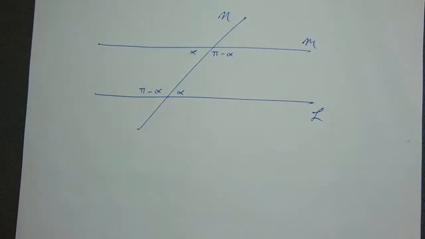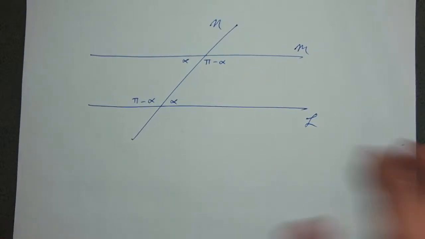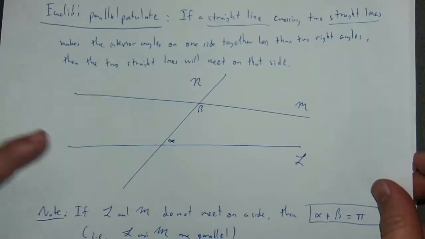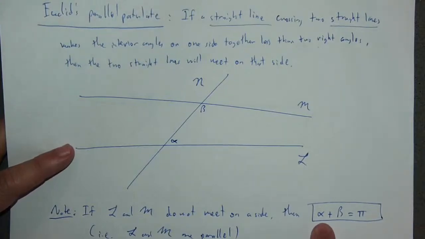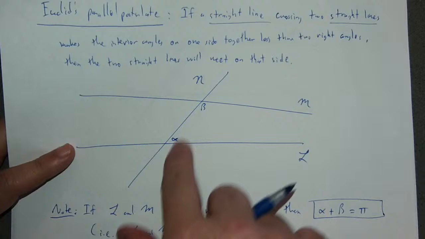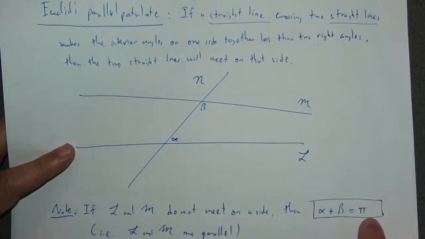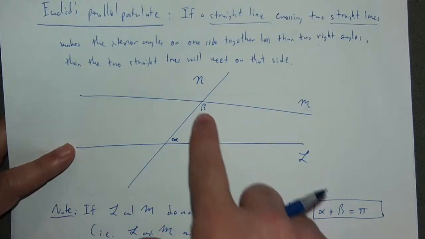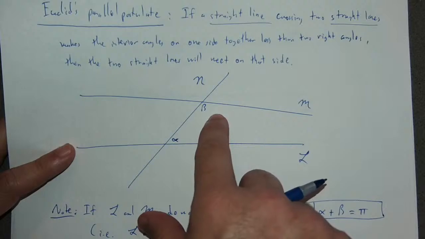Okay. Now, how do I get that? How did I get this from that setup? Let's go back for a second. Well, if they don't meet on a side, that is, if L and M are parallel, then alpha plus beta is equal to pi. So beta is pi minus alpha. So I can replace beta in that case with pi minus alpha.